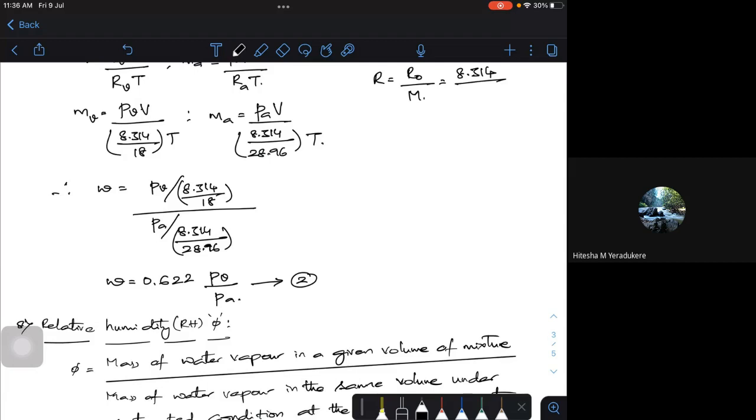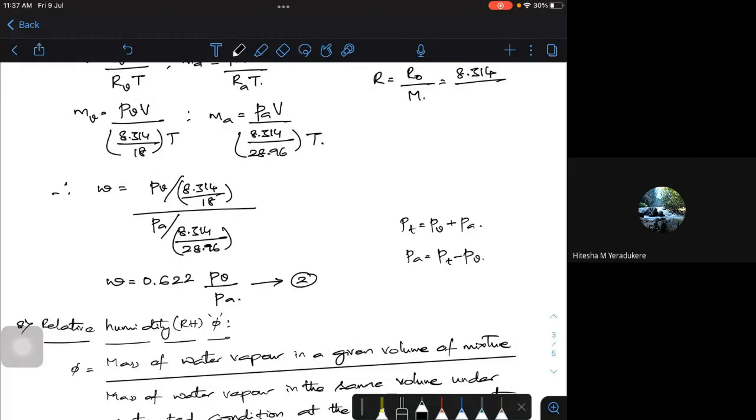Okay. So now let me write it as P total pressure is equal to pressure of your vapor plus pressure of the air. Or I can write PA is equal to the total pressure minus your vapor pressure.